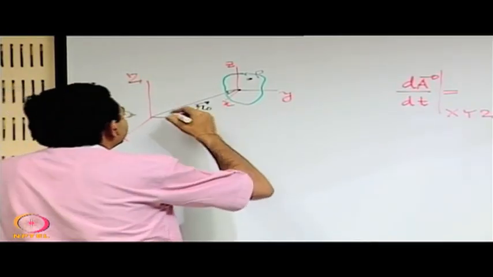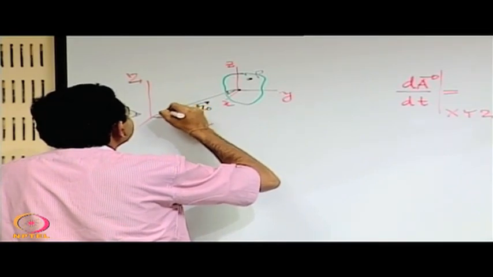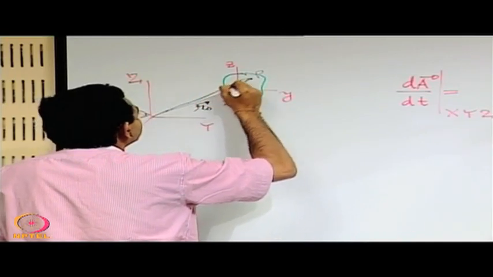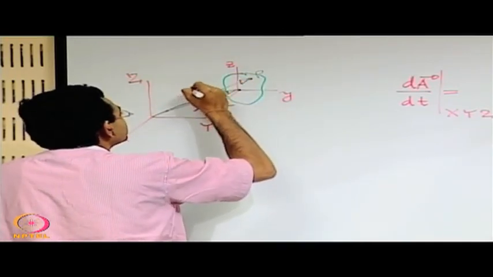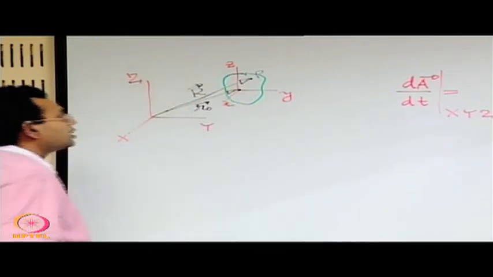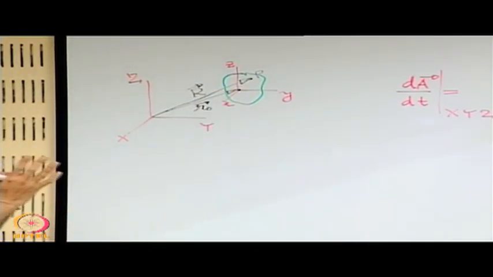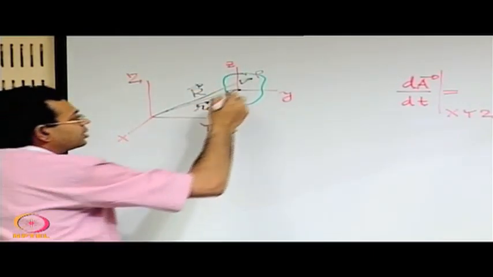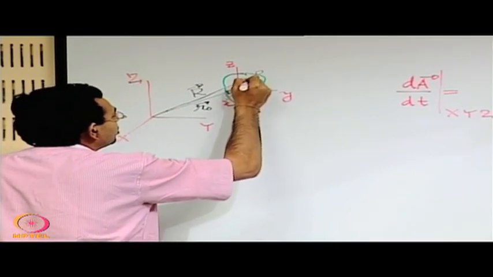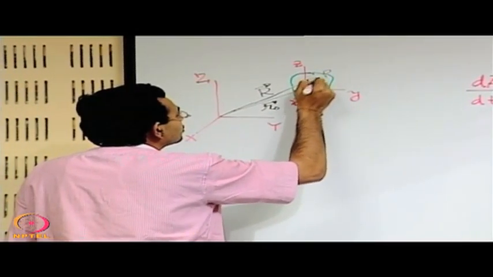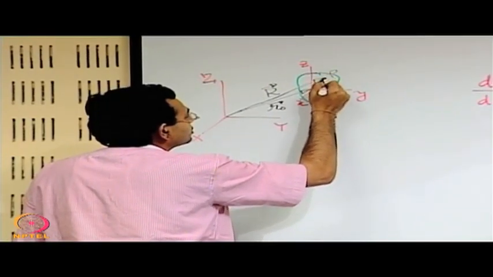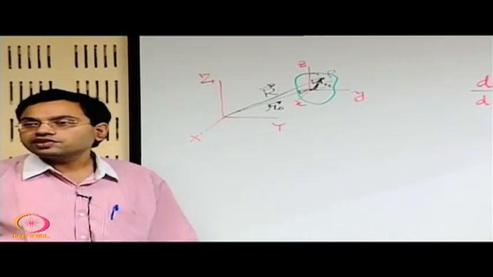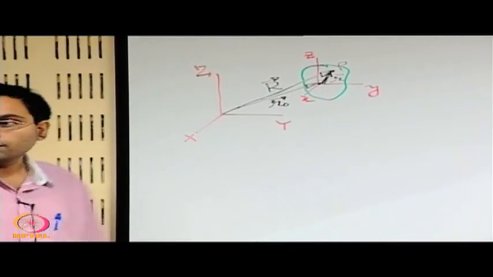This point is described by a position vector which we call capital R. But if we are analyzing everything with respect to the small xyz reference frame, the important vector is the position vector of the point P relative to the origin of the small xyz reference frame, and let us say that is small r.